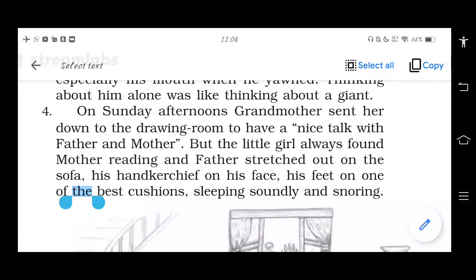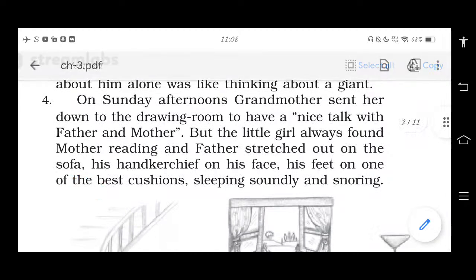Right, on Sunday afternoon, grandmother sent her to the drawing room to have a nice talk with the father and mother. But the little girl always found mother reading. When the girl wants to talk with them, her mother always reads something, and father stretched.